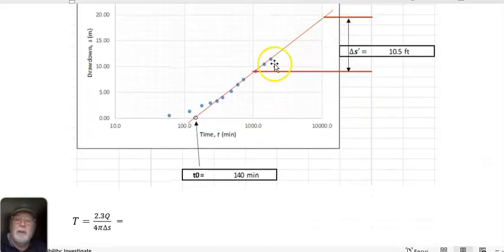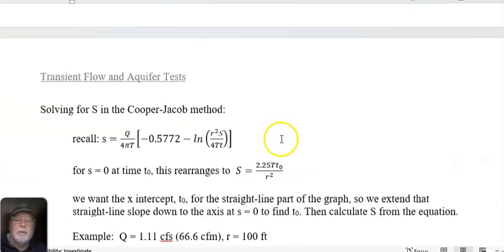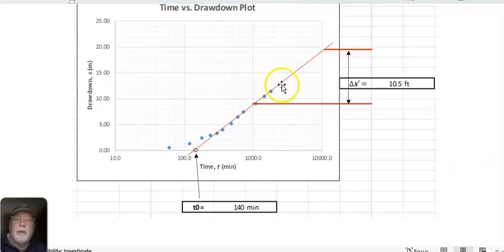I extend that straight line portion down here, and I hit a t0 of, and I have to read it off a log scale, I probably want more grid lines in there, 100, 200. Again, this one's a little bit different. I'm going to come up with a t0 of like 140 minutes there.